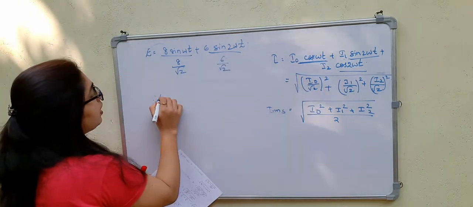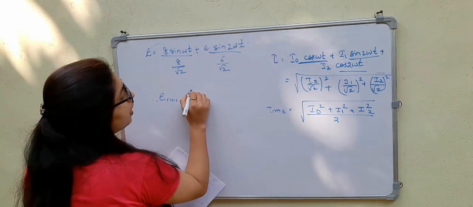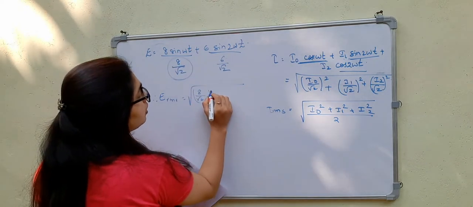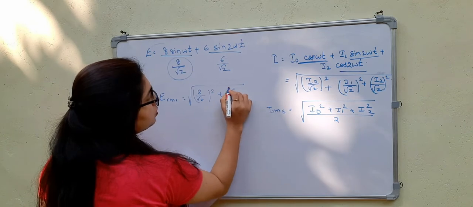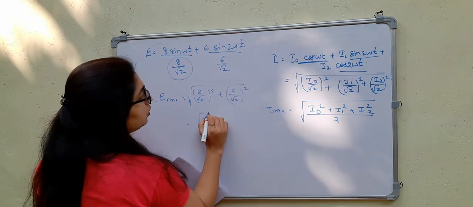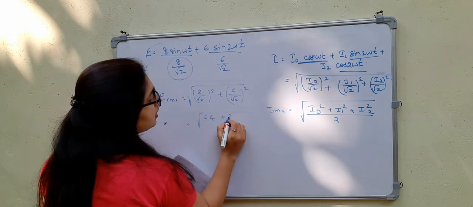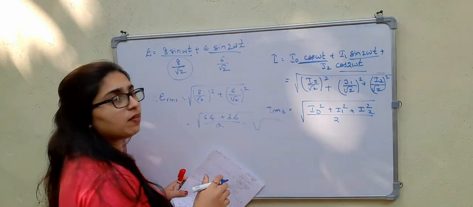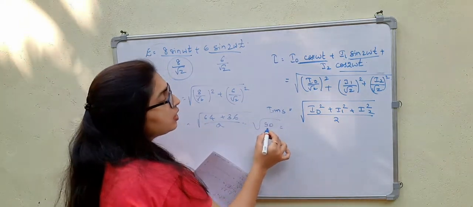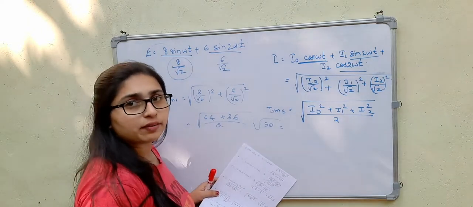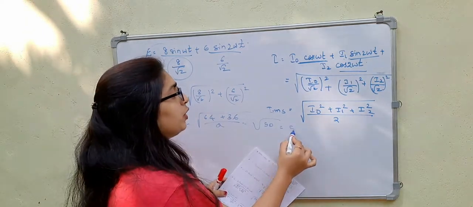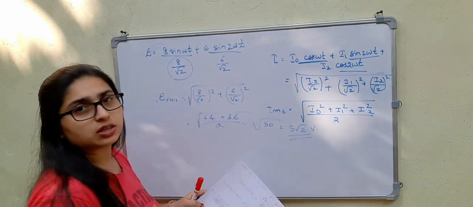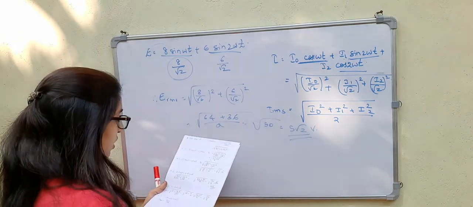So E RMS is equal to the square root of 8 by root 2 whole square plus 6 by root 2 whole square, that is 64 plus 36 divided by 2, that is the square root of 100 divided by 2, which is 50. So it can be written as 25 into 2. The square root of 25 is 5. So 5 root 2 volts. This will be the answer.